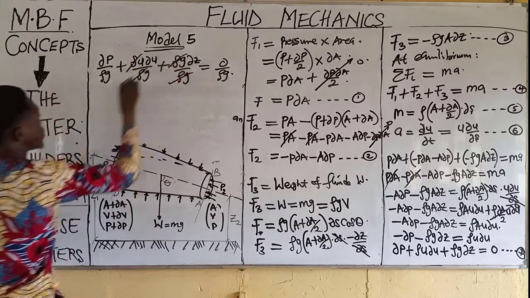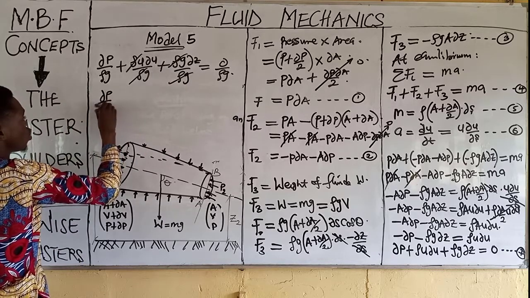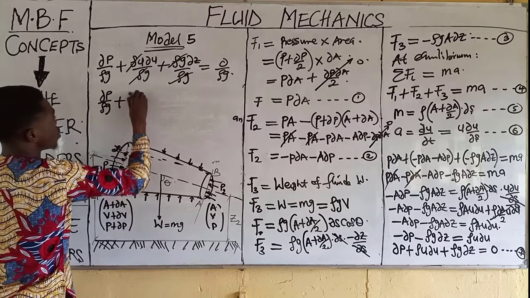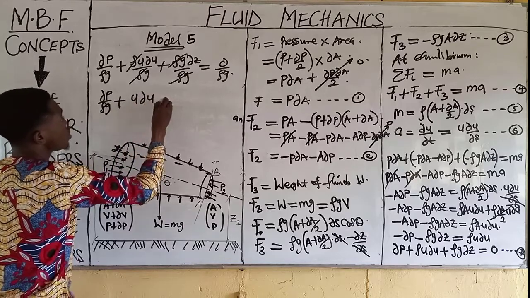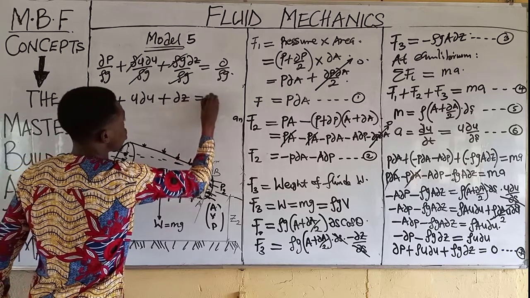This takes care of this. We have change in P over rho G plus U change in U plus change in Z is equal to 0.